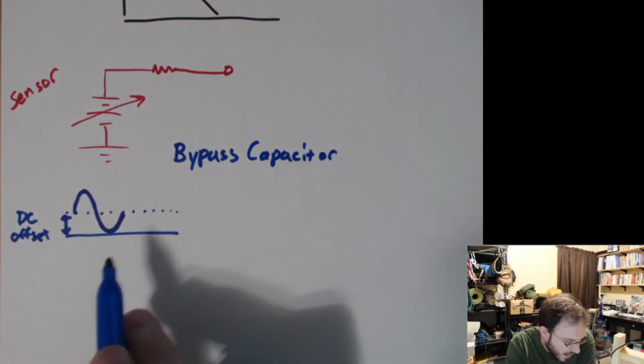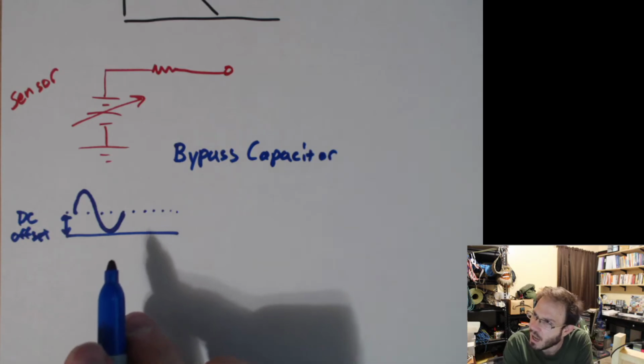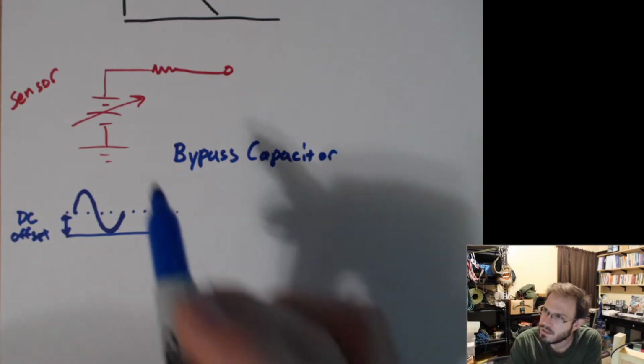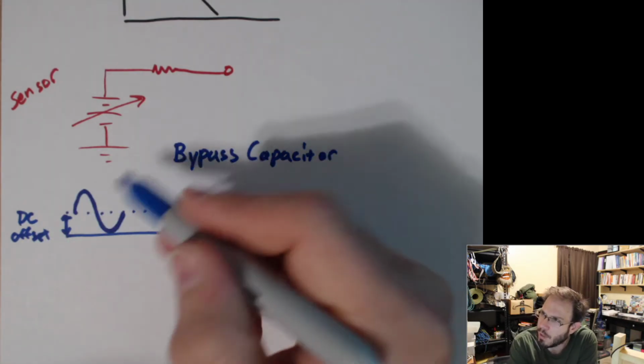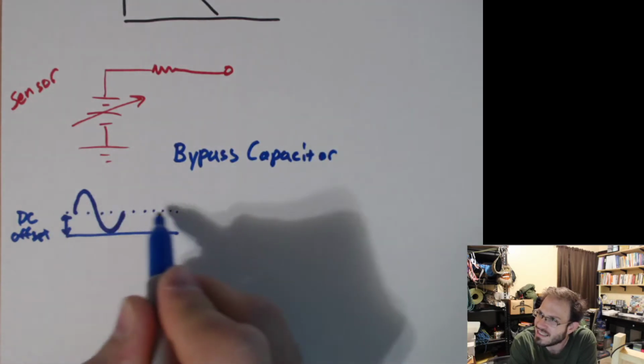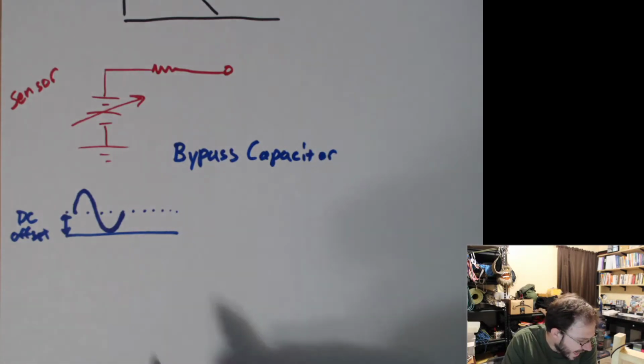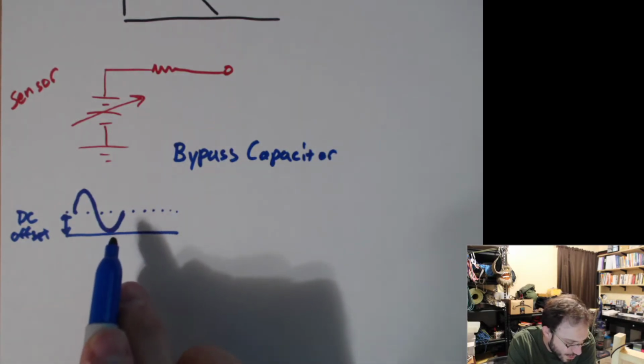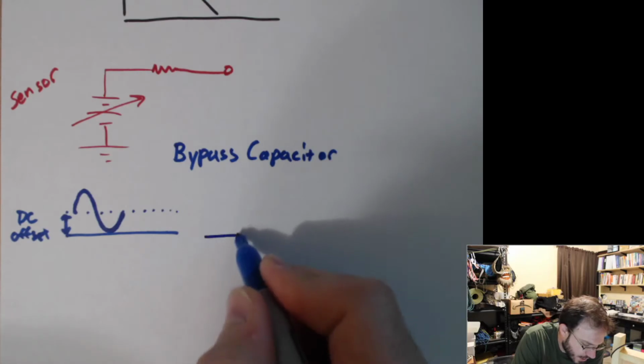And so how can we remove this DC offset? If we talk about the signal as having two components, our AC component and our DC component, we can actually feed this directly through a capacitor.